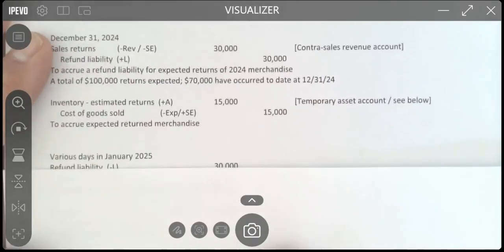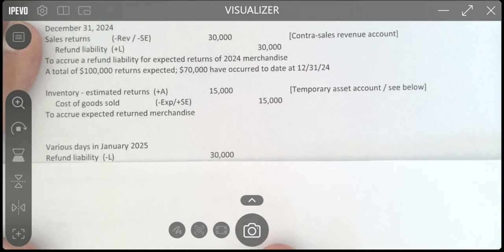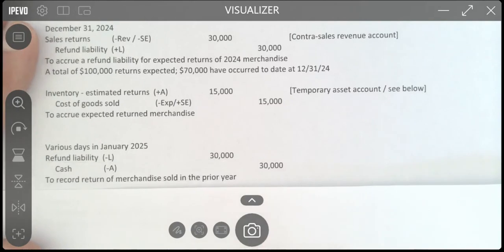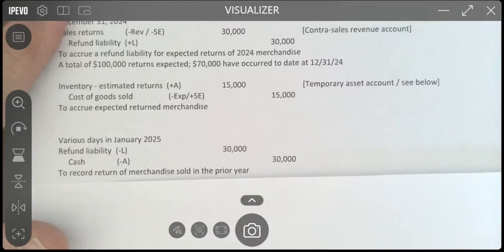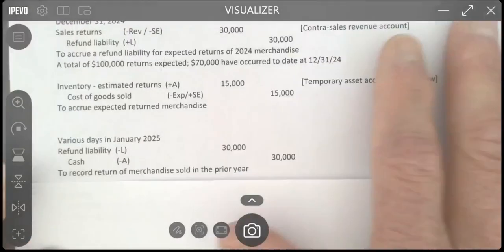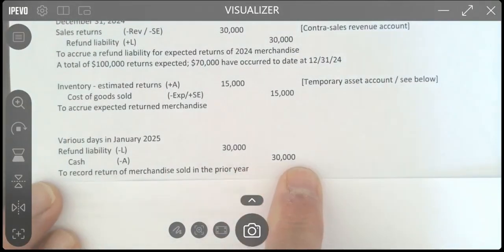Now, in 2025, eventually it happens. And we first reduce the refund liability because now we're doing it. It's no longer a liability. We're giving them the cash.